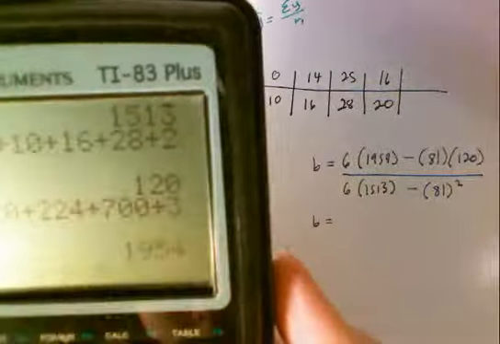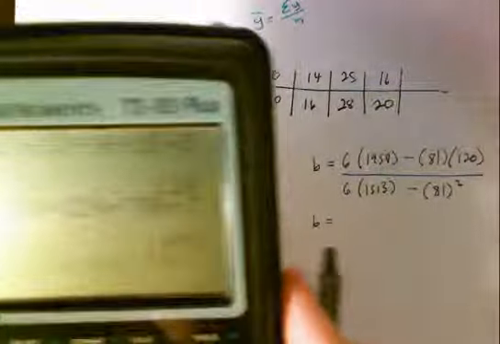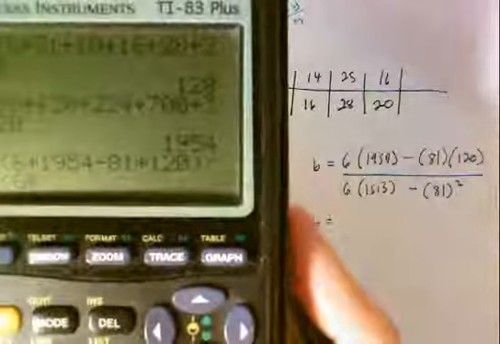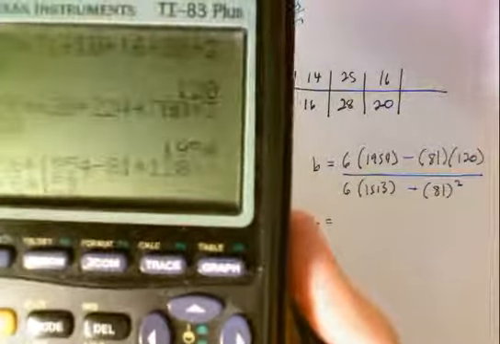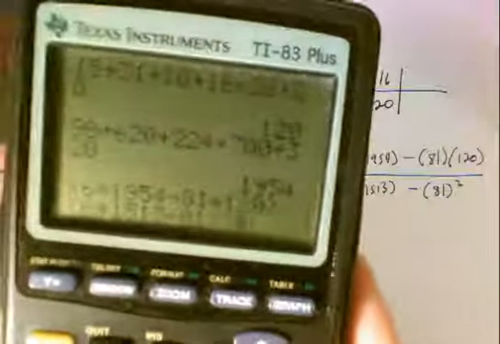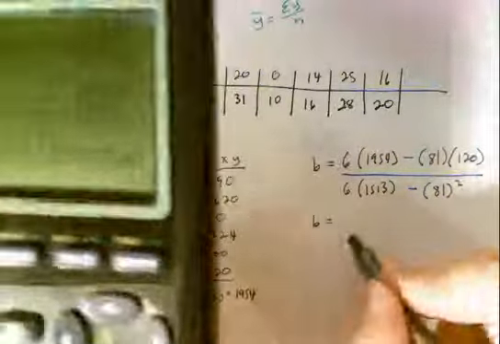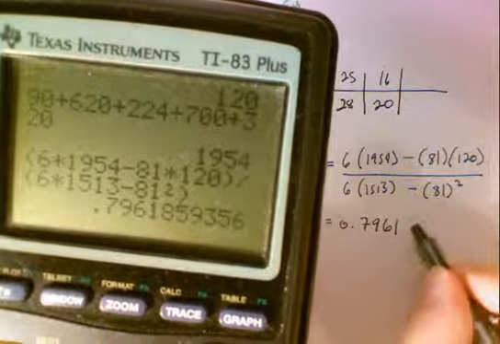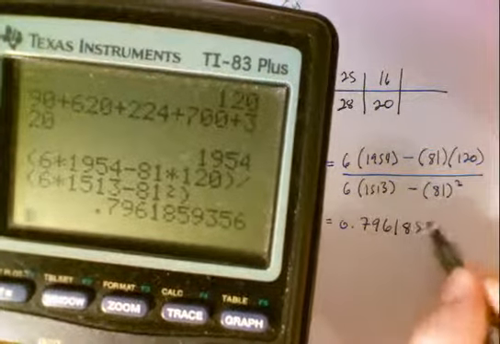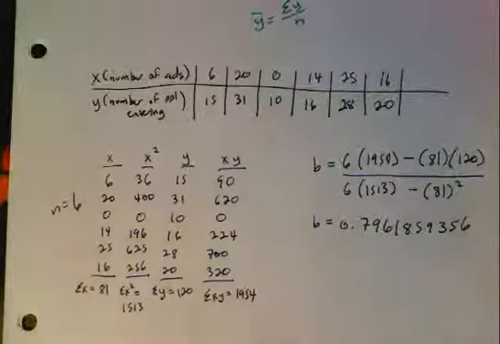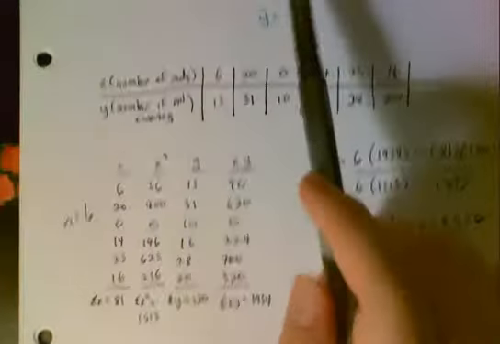Minus 81 times 120, divided by, make sure you close those parentheses there, 6 times 1513 minus 81 squared, close parentheses around the denominator. Let's not round for the time being, just so we can get some precise answers for a.